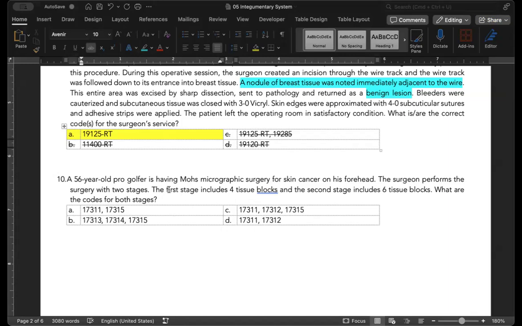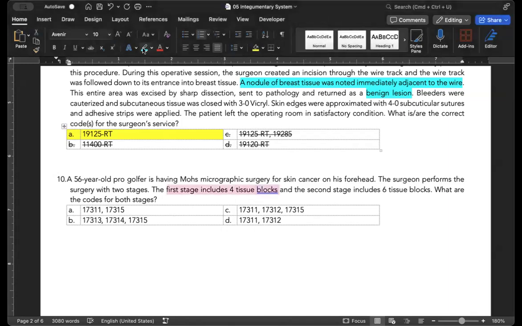So our first stage had 4 tissue blocks. And then it's on the forehead. So that falls within our anatomic location, as well as first stage with the correct number of tissue blocks. So we need 17311. So we're going to rule out B.